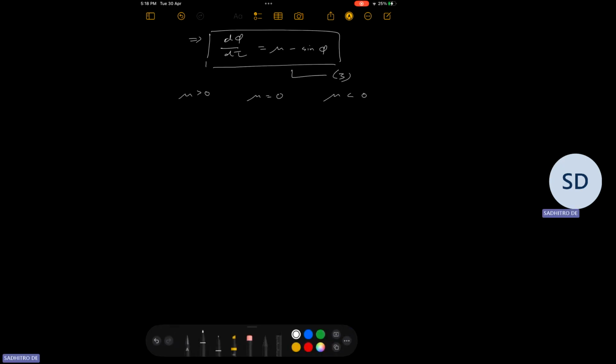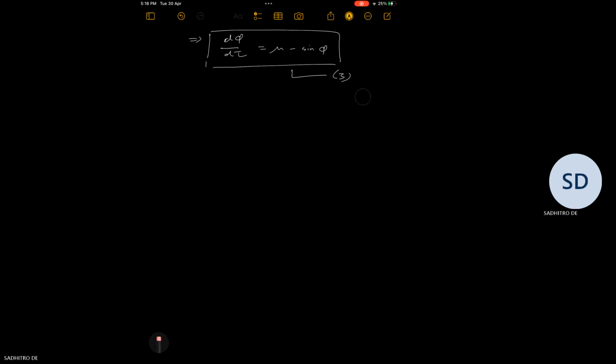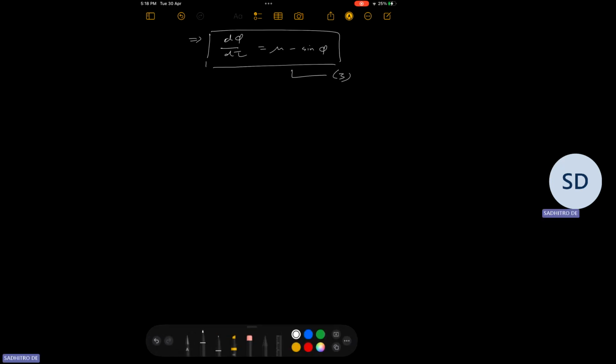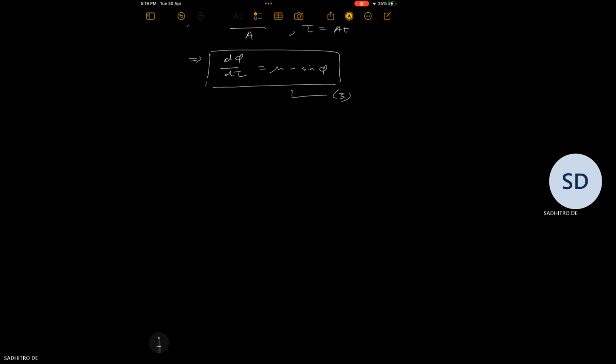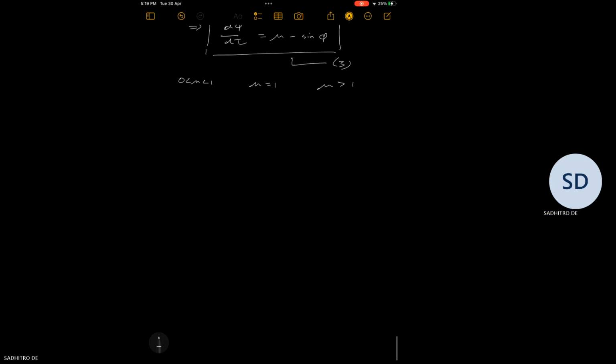Beg your pardon, there are actually 0 less than mu less than 1, mu equal to 1, and mu greater than 1. So in the first case, the graph of the right hand side with respect to phi is like this.